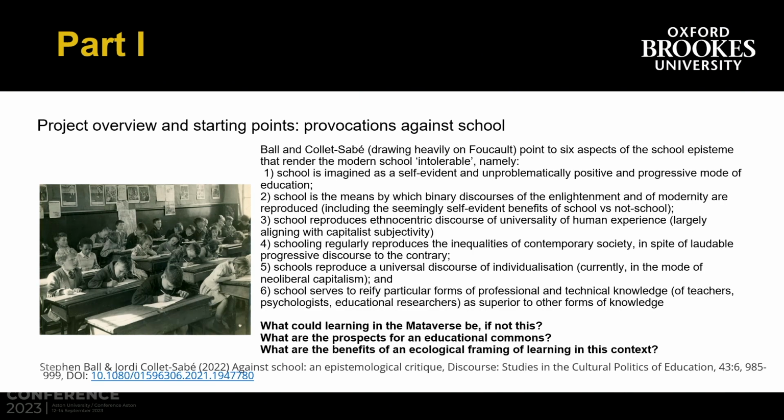There is a binary discourse that's promulgated through schooling, and not least through the concept of schooling itself, that education is either school or not school, that it produces ethnocentric discourse on the universality of human experience. And I think our keynote yesterday, if I crudely paraphrase, suggests that schooling is only second to genocide in its deleterious effects on indigenous communities.